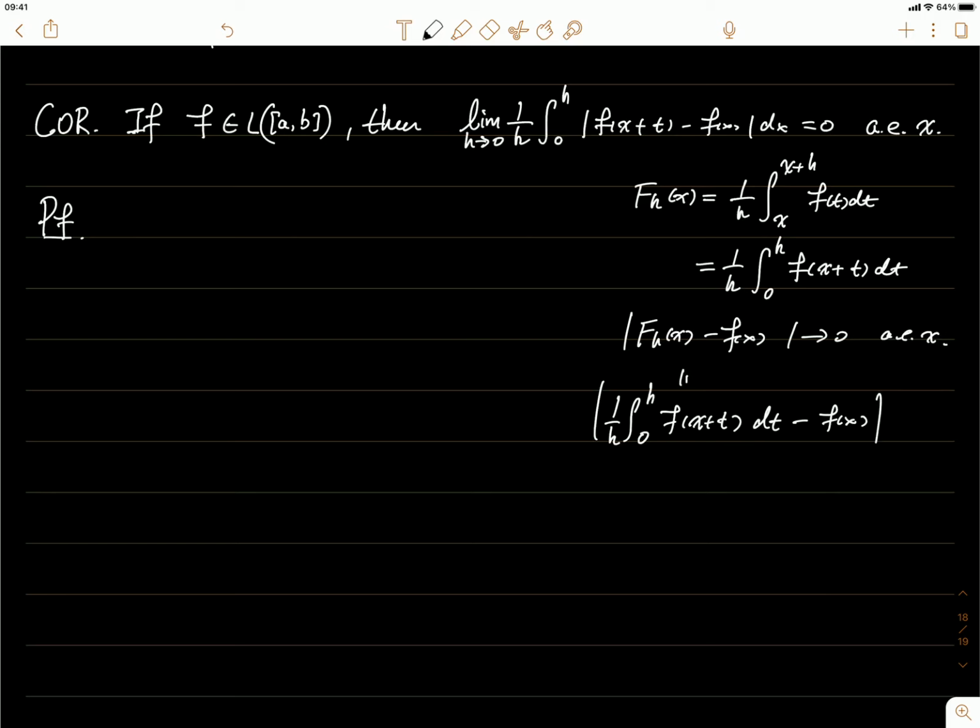But this f of x is independent of h, independent of t. So this term can be written as 1 over h, the integral from 0 to h of f(x) dt, because f of x is just like a constant. So we can combine the two.